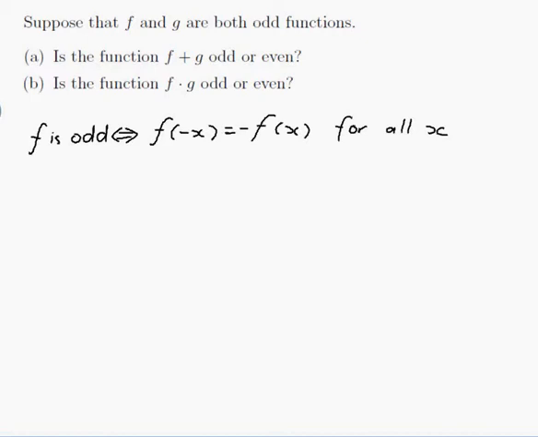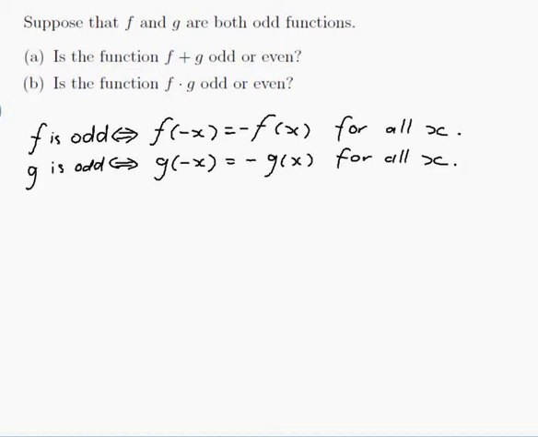But this will do. And g is odd would be the same answer. So g is odd if and only if g of minus x is equal to minus g of x for all x.